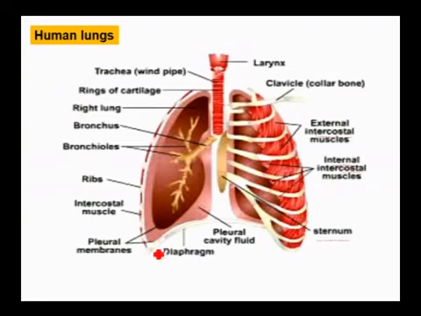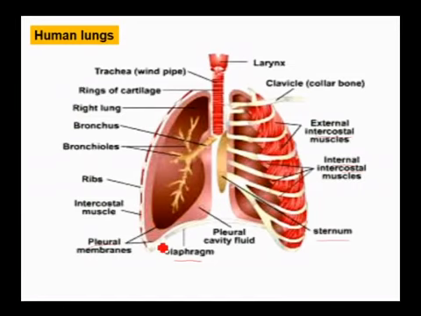On the floor of the thoracic cavity, we find a dome-shaped structure made up of skeletal muscle, and that is the diaphragm. Every organ is beautifully protected by membranes. The membranes that enclose the lungs are pleural membranes. There are a set of two membranes here, external and internal, the parietal pleura and visceral pleura.